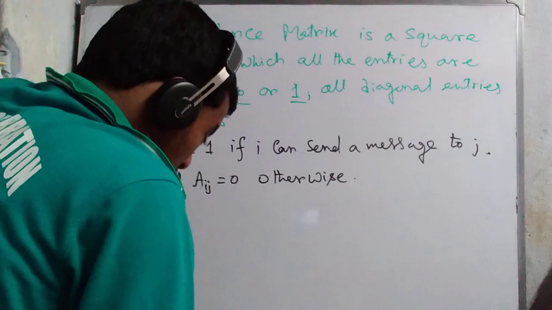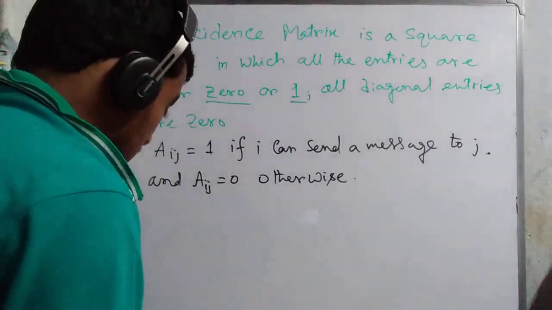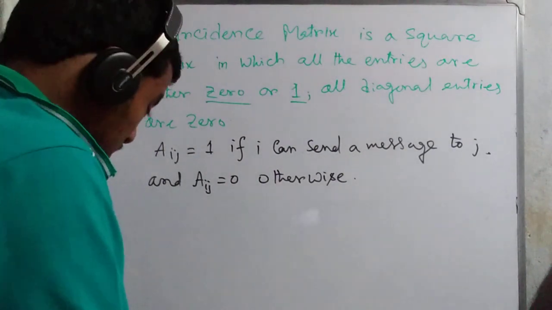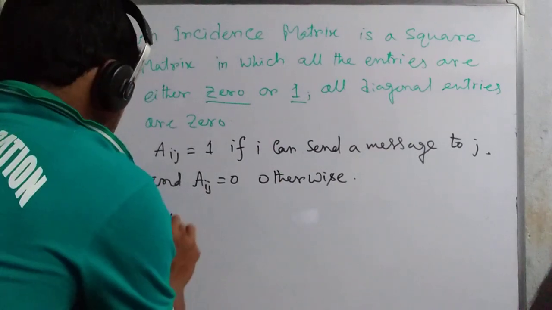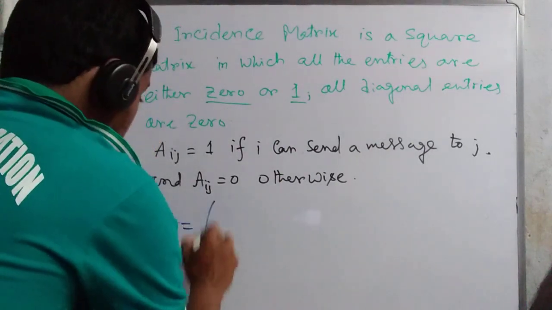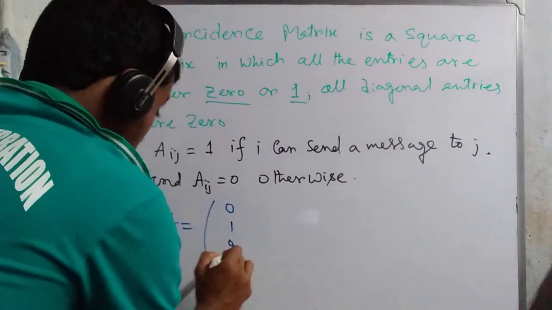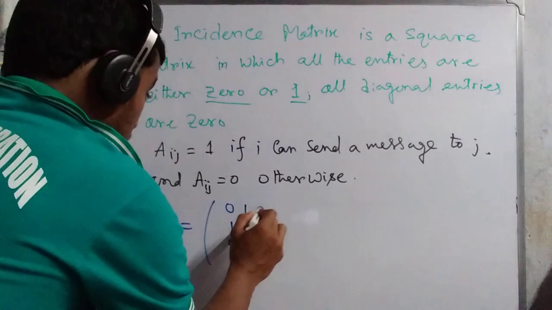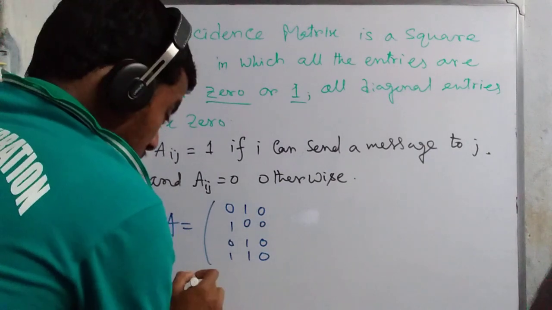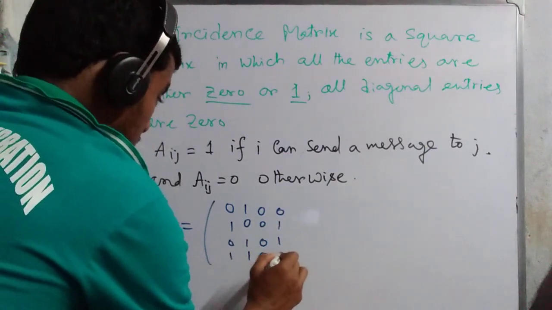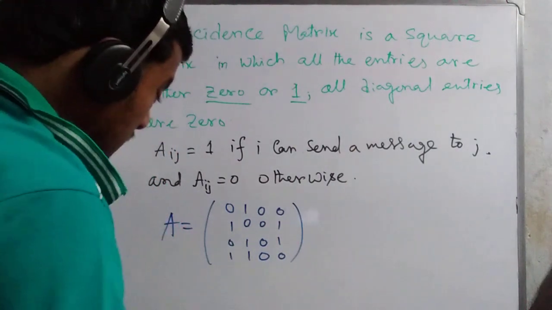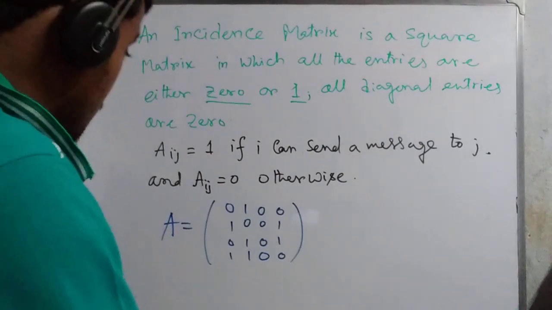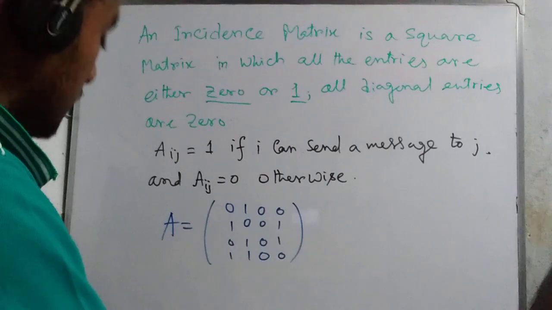Now we discuss another matrix. We write it here: 0 1 0 1, 1 0 1 1, 0 0 0 0, and 0 1 1 0. This one is an incidence matrix.